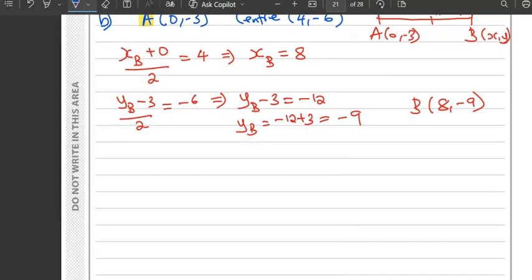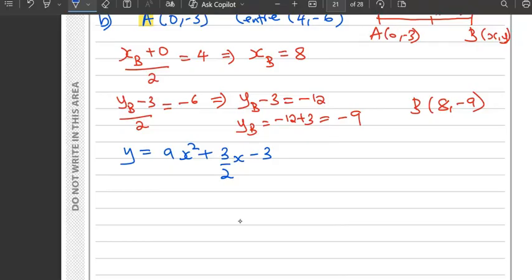You are given y equals ax squared plus 3 over 2 x minus 3.